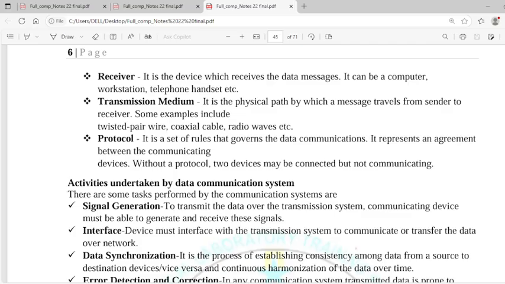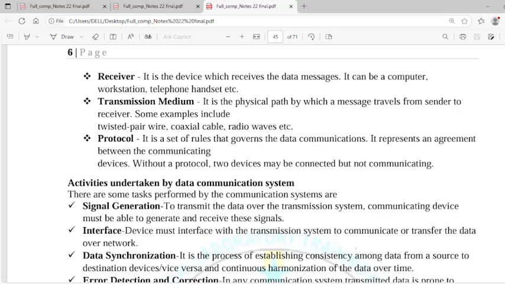And then a protocol is a set of rules that govern communication. It represents an agreement between the communicating devices. Without a protocol, two devices may not be connected together. Examples of the protocols include the IP protocol, which we looked at earlier, the TCP protocol, and the others.